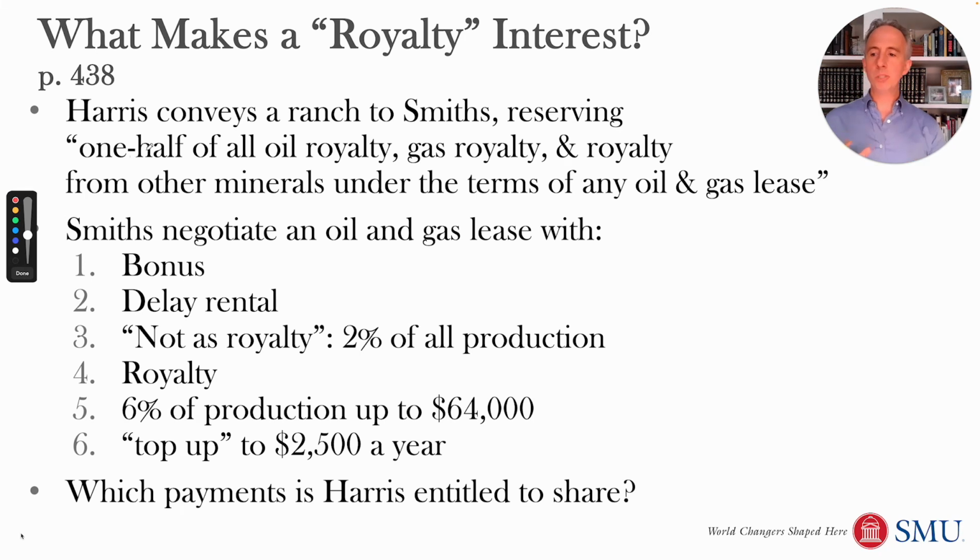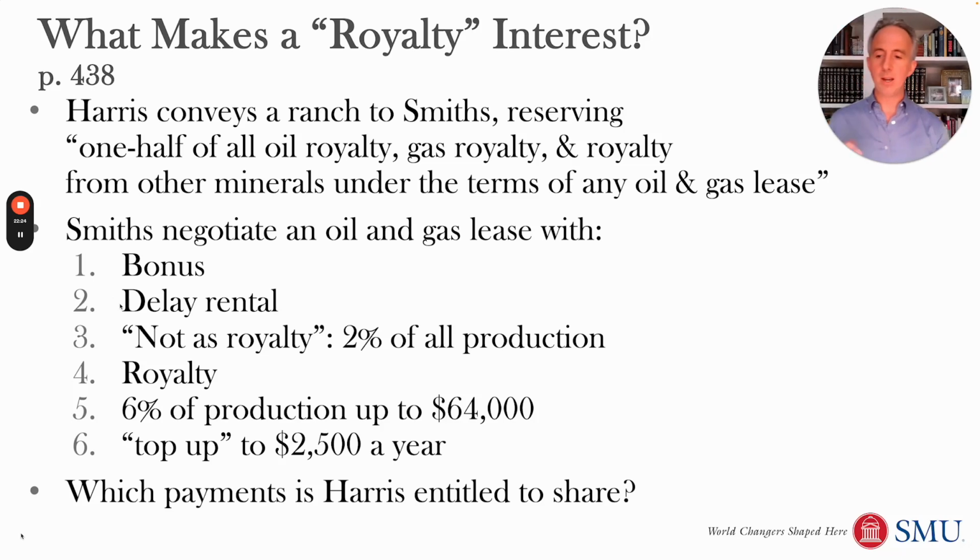is mostly that when you have this very common non-participating royalty interest that says you get 1/2 of all the royalty, the landowner who then leases and has to share with you doesn't get to just call things not royalty when they clearly are.